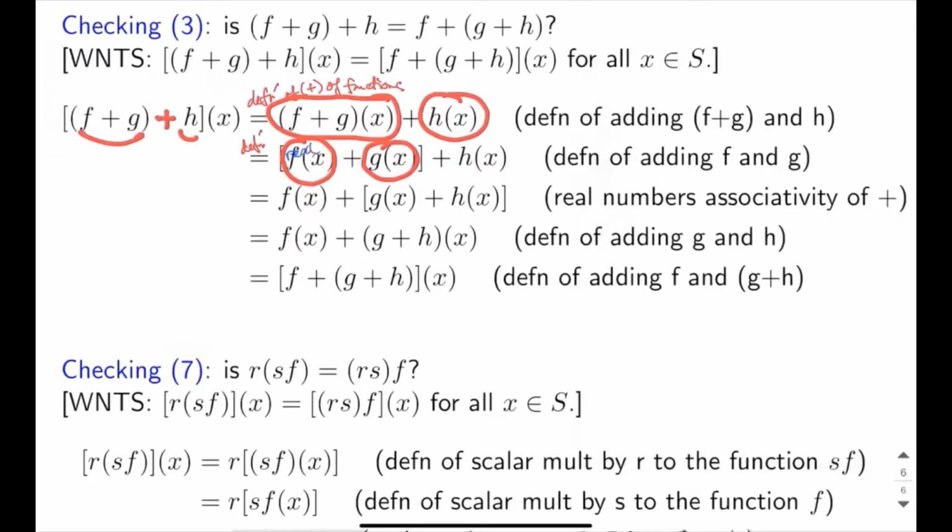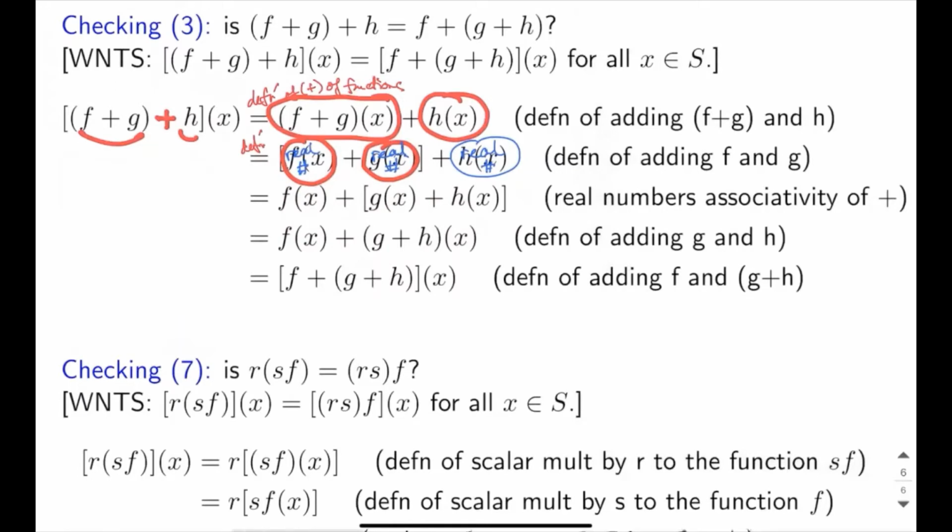This is also a real number, and this is also a real number. And we know that the addition of real numbers is associative. So we can add g of x and h of x first before adding with f of x.